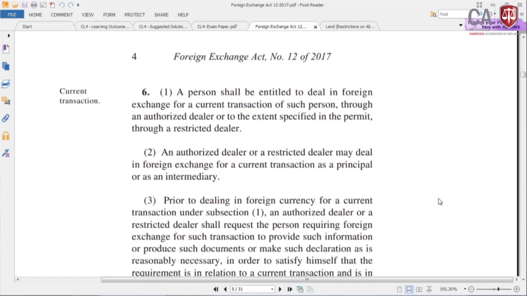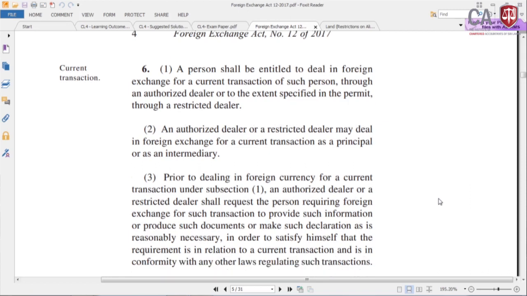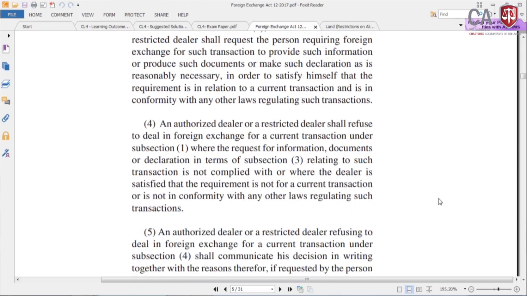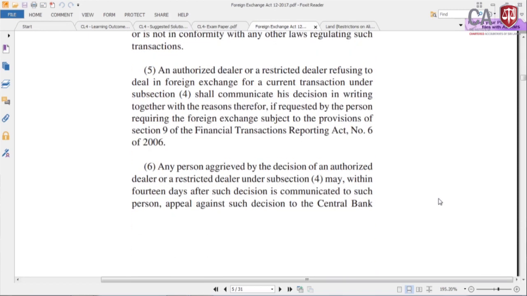A person will include also a company, make sure. A person shall be entitled to deal in foreign exchange for current transactions of such person through an authorized dealer, or to the extent specified in the permit through a restricted dealer. An authorized dealer or restricted dealer may deal in foreign exchange for current transactions as a principal or an intermediary, and so forth.